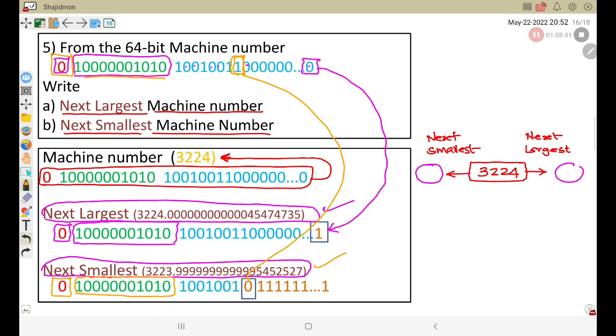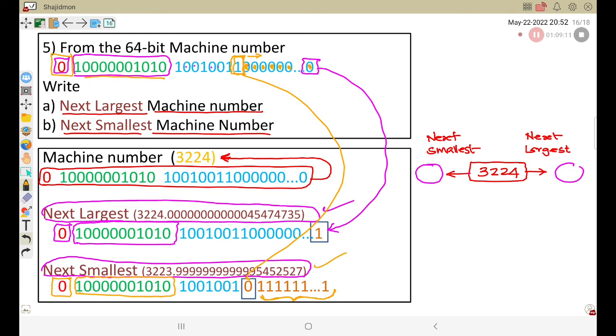Then after this one, all zeros, this 0, here, here, here and here, all the zeros change into 1. See, all the zeros after that number 1 changed into 1. Before it, don't change, it is the same. This is the method to find the next smallest machine number. So that you are getting 3223.999, this number.